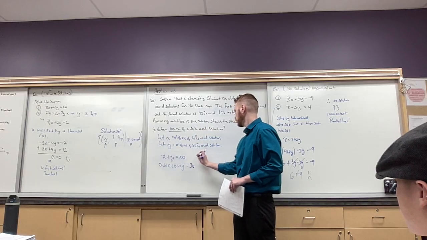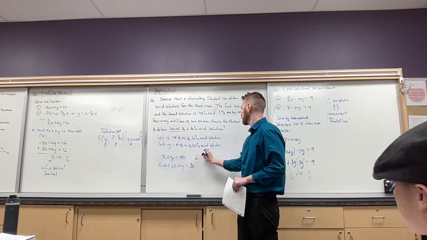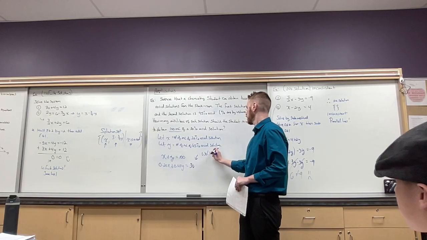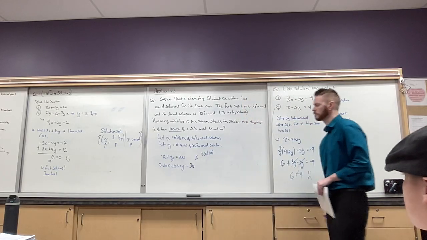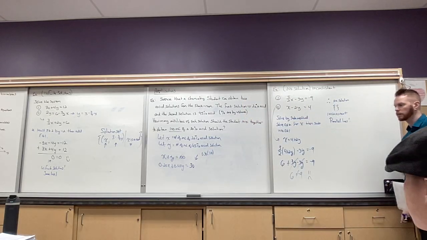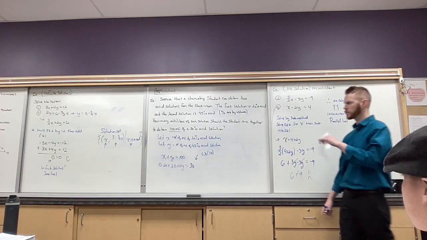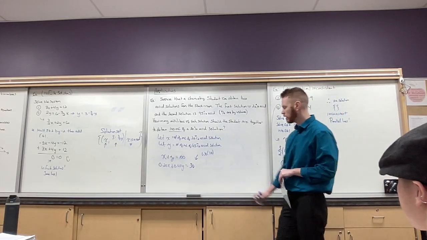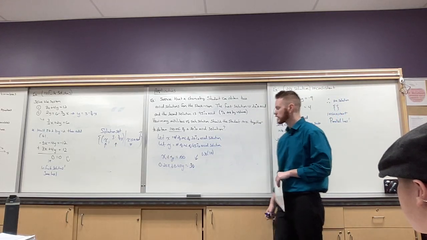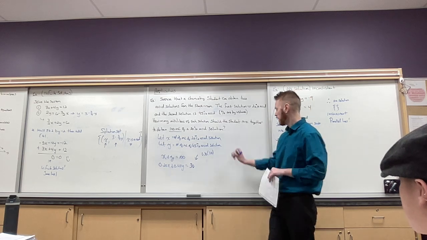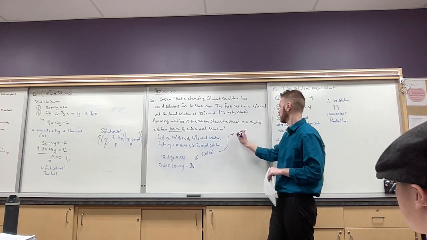But let me just go ahead and put how I got that. So I took 30% of 100. When you do some sort of mixture problem like this, it's always your percent of what you need times your volume here. So I actually know what that's going to be ahead of time. By the way, I'll put over here.